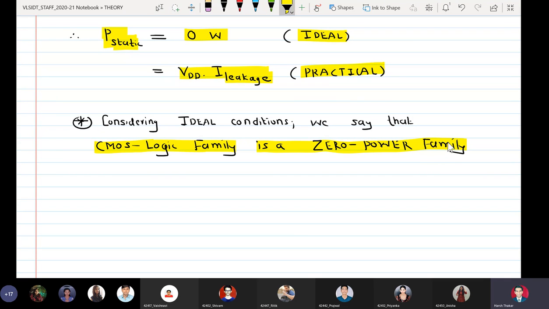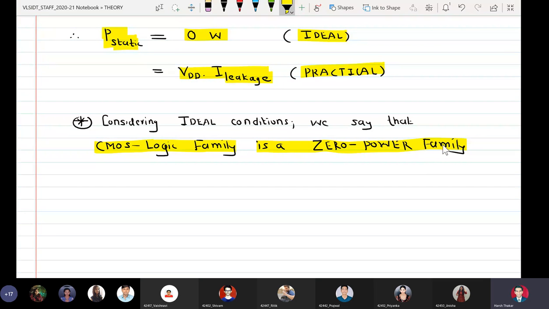The answer is true and false, because if we consider static power dissipation, then under ideal conditions with no leakage current, yes, the static power dissipation is 0. So from that perspective, CMOS logic family is a zero power family. But if we consider dynamic power dissipation, then it is a non-zero power family, because dynamic power dissipation is proportional to the operating frequency, and in the world of VLSI, you will never have operating frequency as 0.